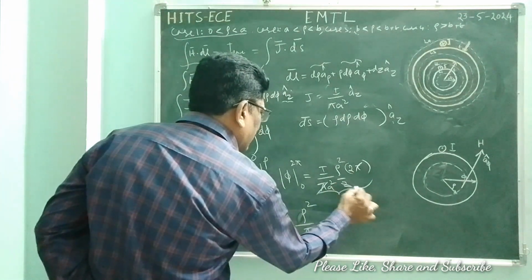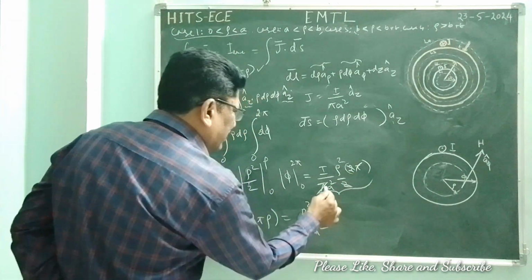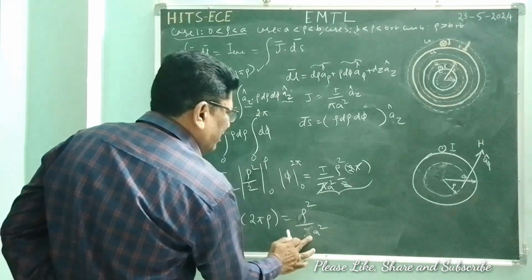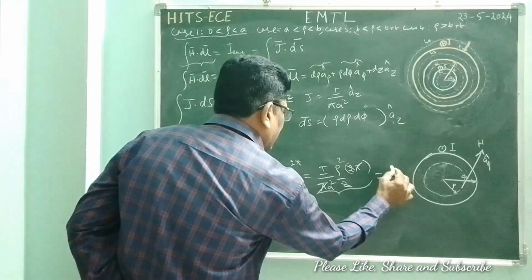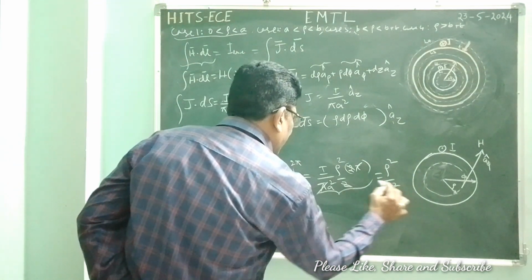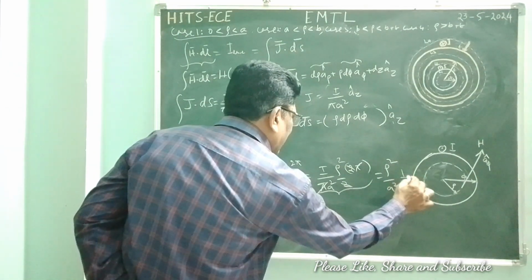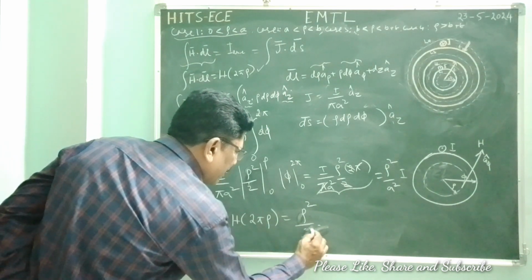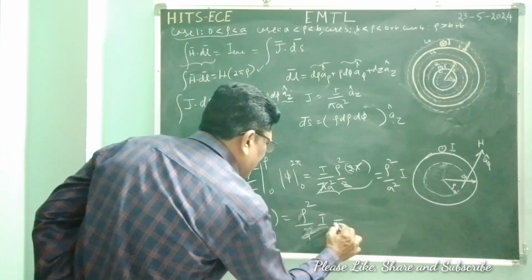Finally we will get rho square by a square, which is equal to rho square by a square into y.